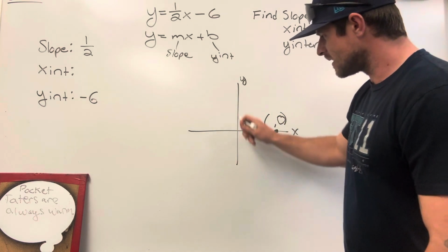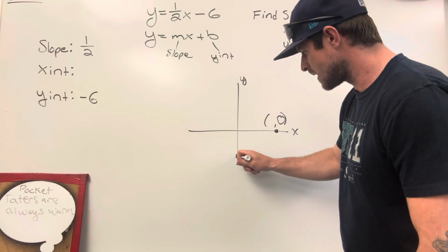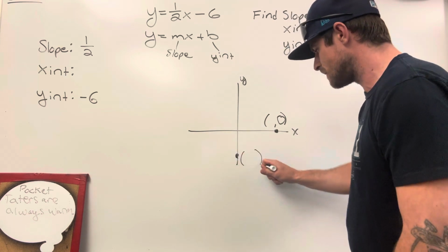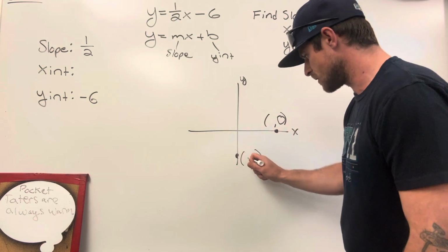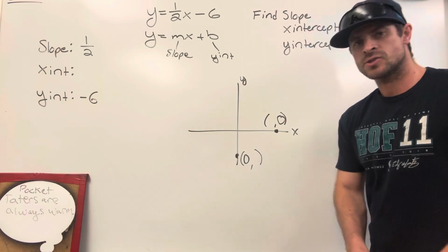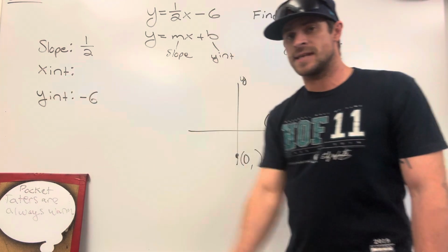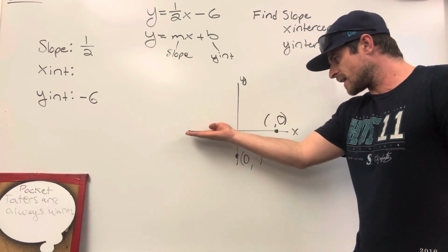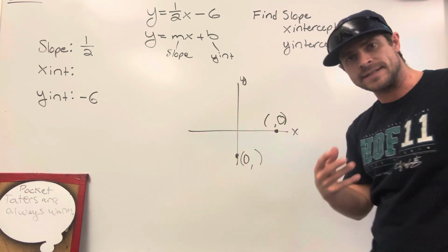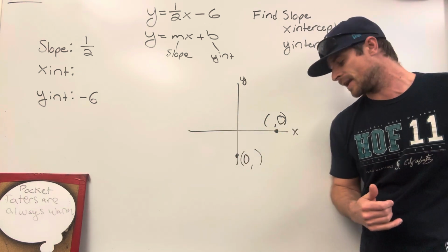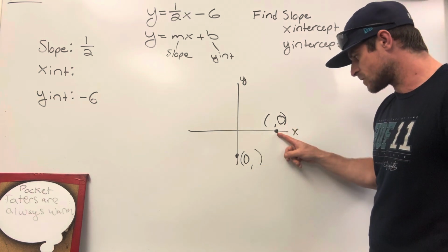And if I had a dot on this line, I would know that the x value is 0. So are we talking about this dot or this dot when we're discussing an x-intercept? We're talking about the dot that crosses or hits or intersects the horizontal line. So I'm worried about this one.